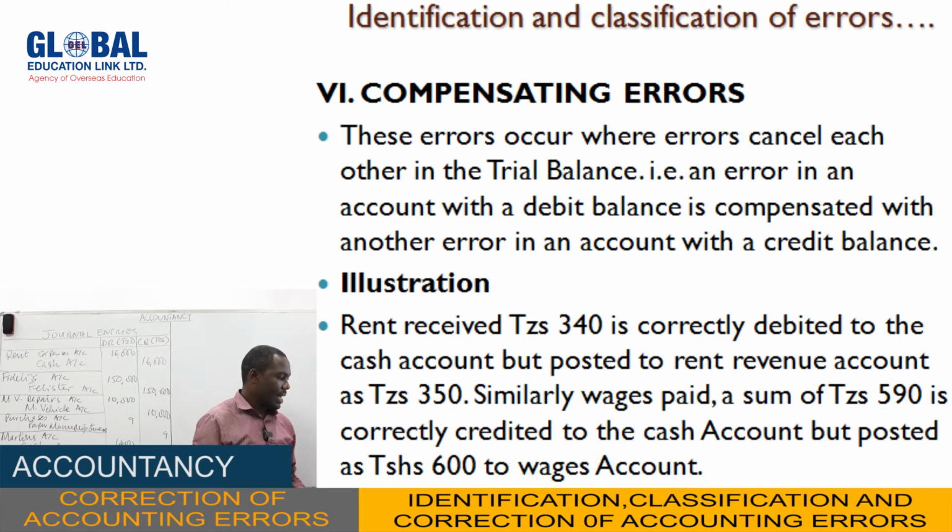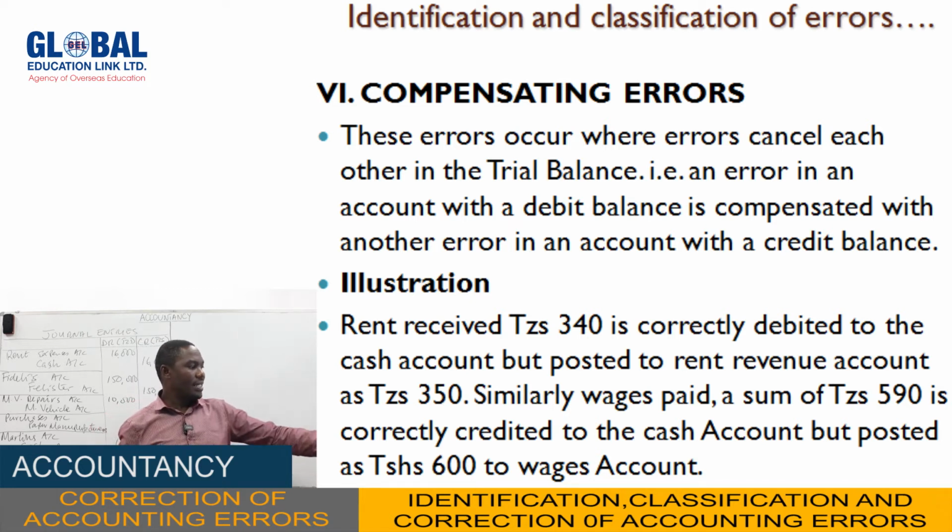So the error is also in the wages. Wages was overstated by 10. Likewise, rent revenue, which is a revenue, was also overstated by 10. So if we overstate a revenue account and we overstate an expenditure account, the trial balance will agree.